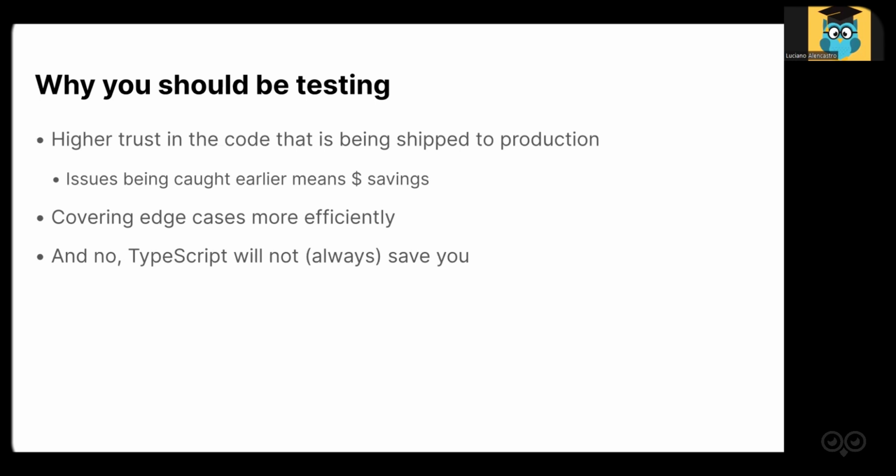But just a reminder that TypeScript is a compile-time type checker, not a runtime one. So everything that happens at runtime is not going to be caught by TypeScript. And it's also not going to handle actual implementation or specification errors. It's just going to check the types and the data structures, which is great. It's a great tool to give you a shorter feedback loop on those kinds of issues, but it does not mean that you're exempt from testing.